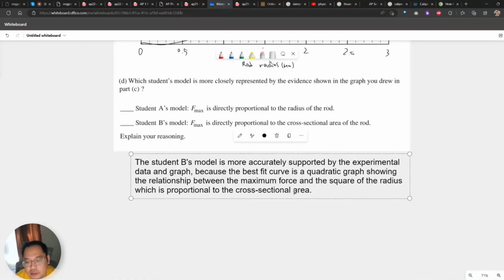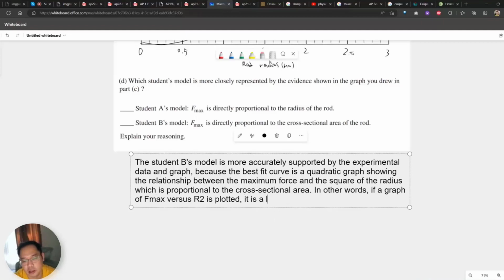I think this explanation is still acceptable. In other words, if a graph of the maximum force Fmax versus R squared is plotted, it is a linear graph. Okay, it is linear. It is linear. Done.